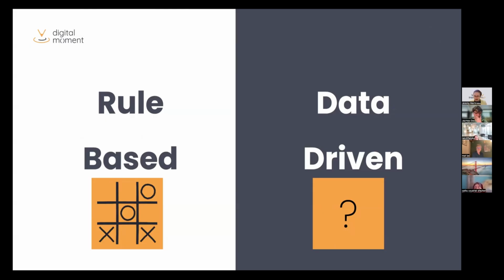Rule-based, as you'll probably guess, has been there for a lot more time. Everything that is coding related is probably rule-based, and the data-driven is more related to the more recent systems, which are, of course, driven by data, so mass amounts of data that are being analyzed.